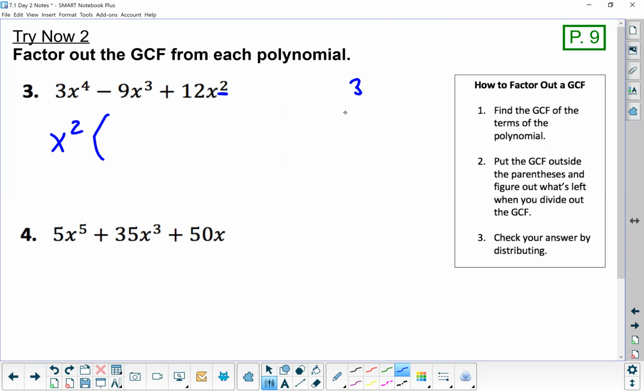So pay attention, right? 1 and 3, and that's it. So I want to check my other coefficients and see if they're evenly divisible by 3. Always start with the largest factor. So is 9 evenly divisible by 3? Yes. Is 12 evenly divisible by 3? Yes. So 3 is going to be part of our greatest common factor.